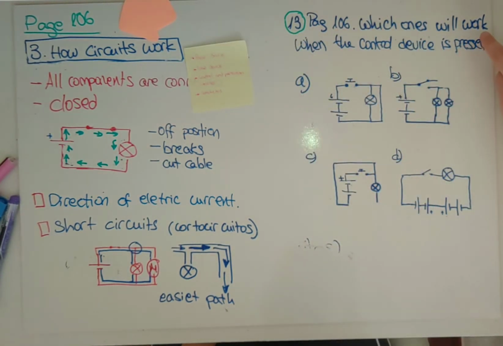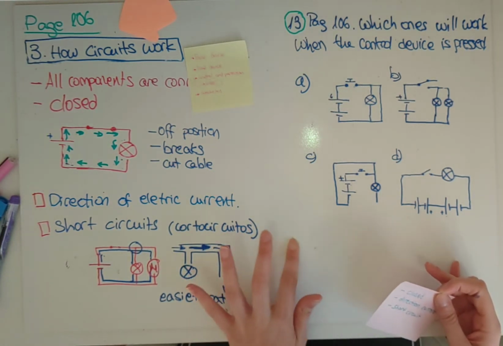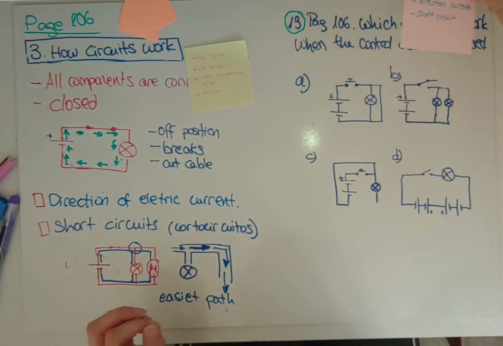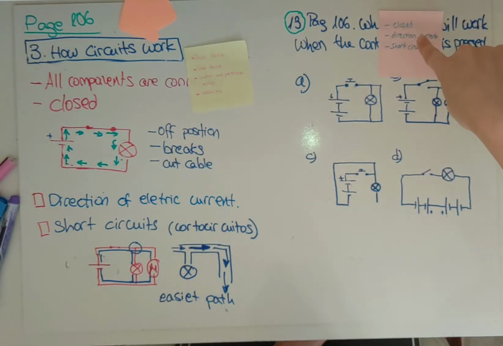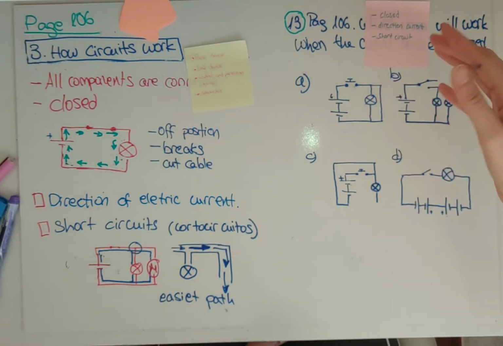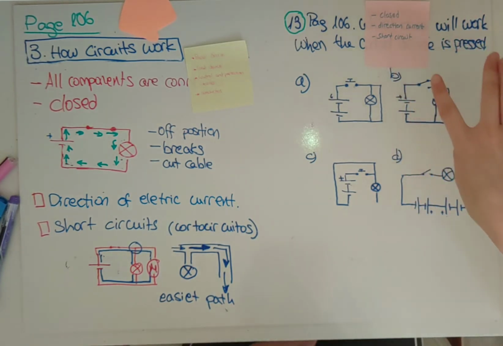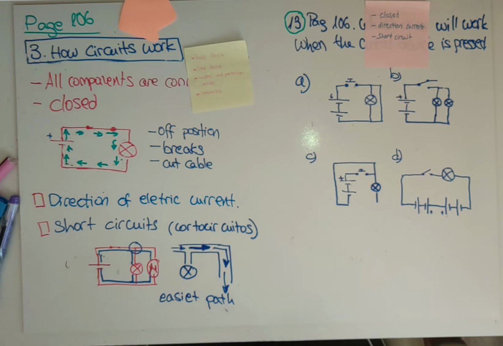Which ones will work when the control device is pressed? Okay, we are going to solve this exercise attending to the theory. I mean, if it's closed, if the direction of current is correct, or if it has some short circuit. Okay, let's see.